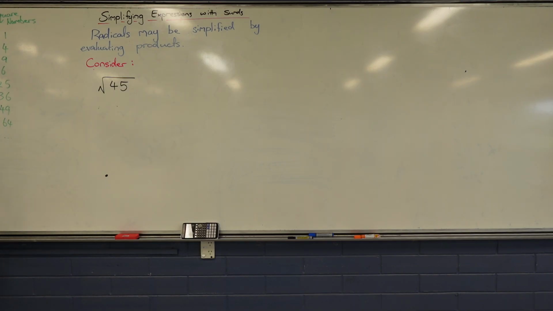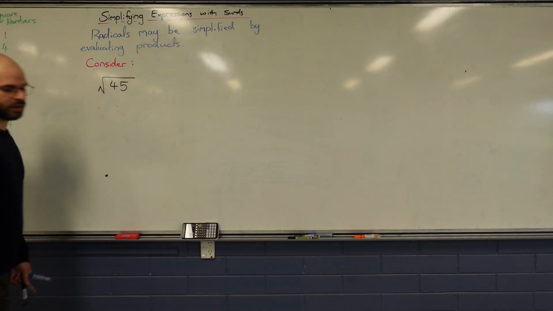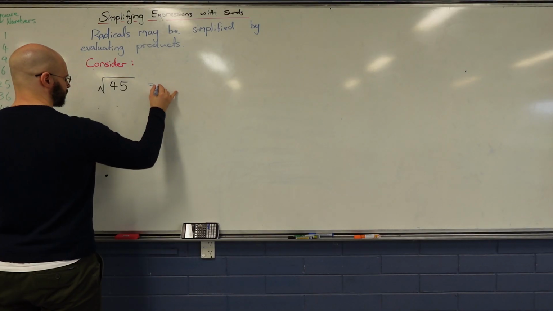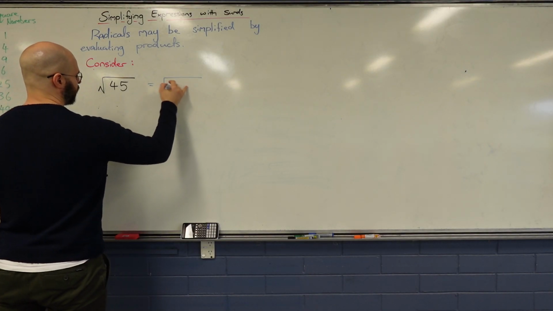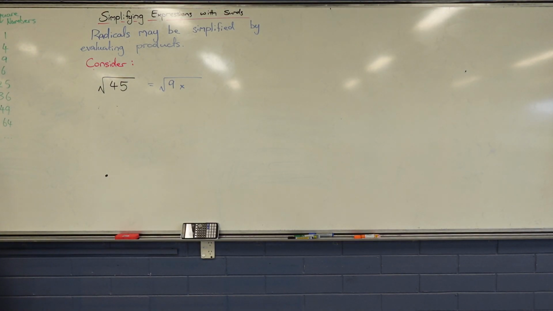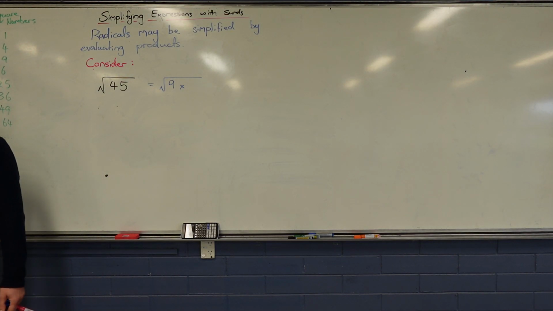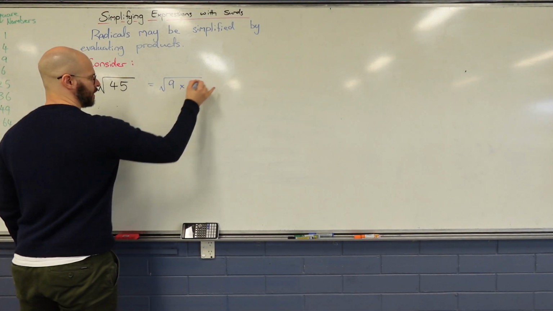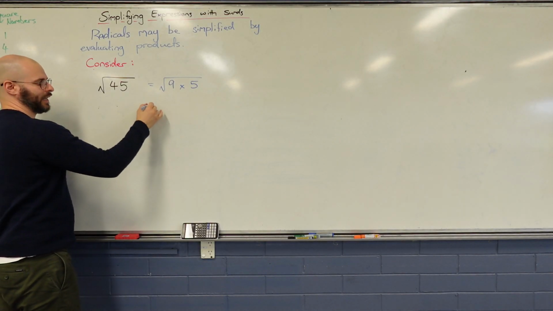Now, what we can do is if we have a square root over here, we can ask ourselves, 45, are there any numbers in our square number list that we could equally divide 45 by? 9. Now, if I get 45 and I divide it by 9, I'm going to get 9 times, what do we times 9 by? 5. Now, 9 is a square number.